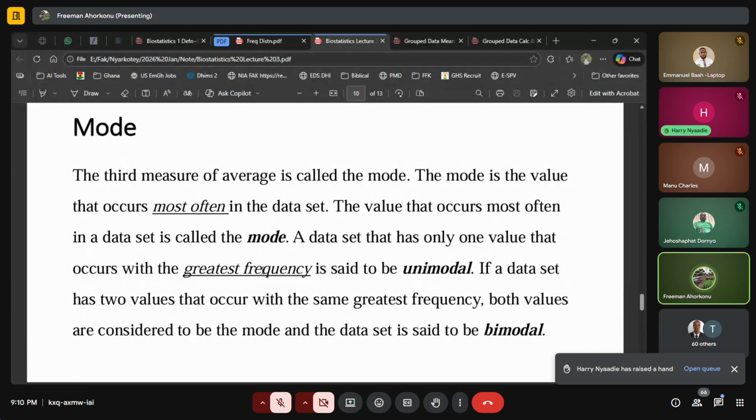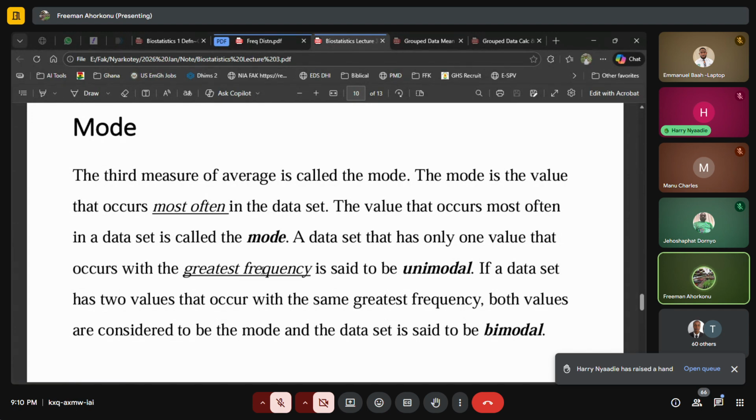You want to do an analysis with the systolic values of the BP of your patients. And at the end of the day, you realize that a particular number among the systolic occurs most. The systolic is the top one, right?